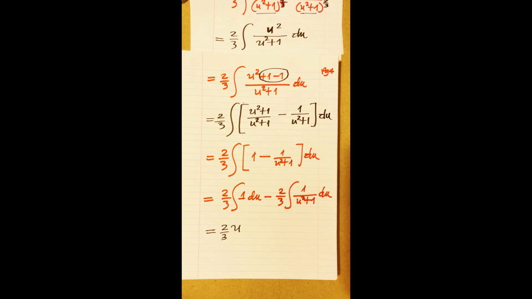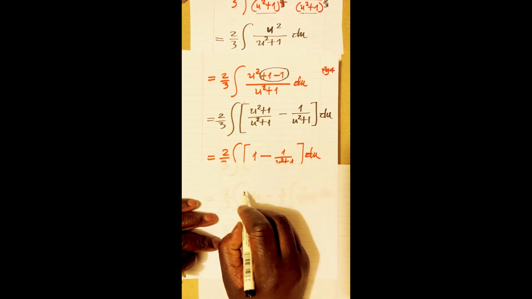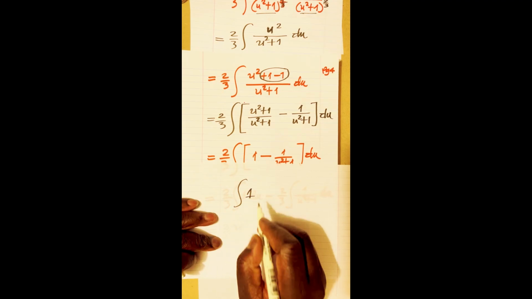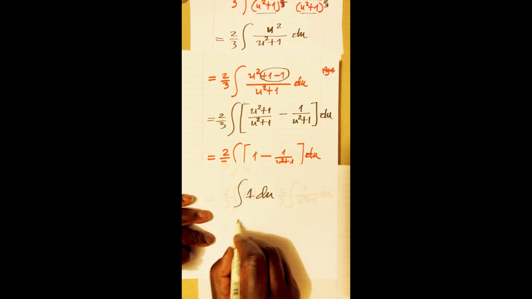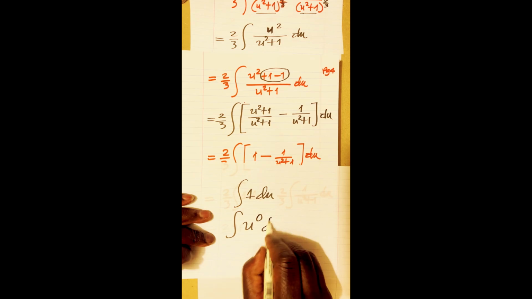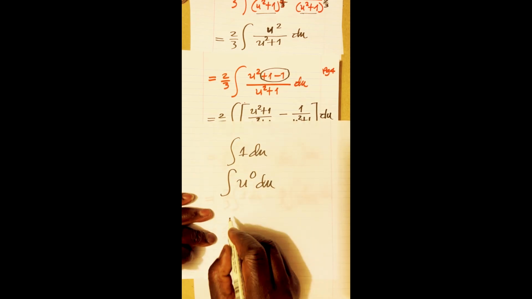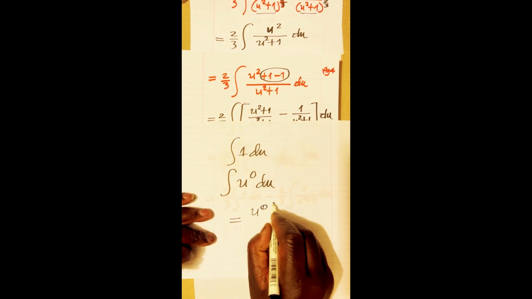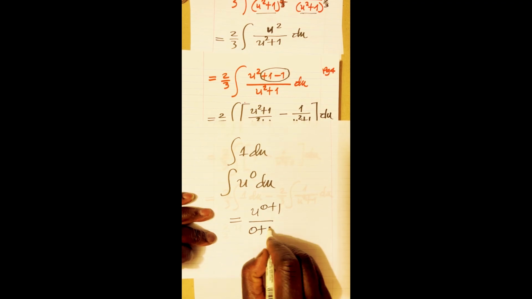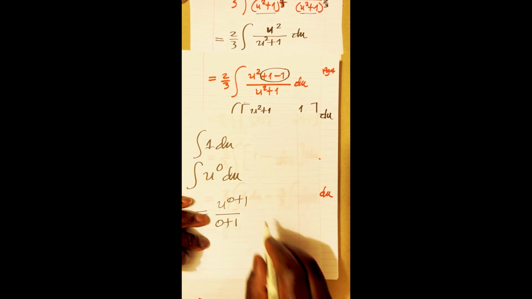Let me just explain something here. If you look at 1, we can write 1 as the integral of u power 0 du. Using the power rule, this is the same as u power 0 plus 1 all over 0 plus 1. And what do we have?